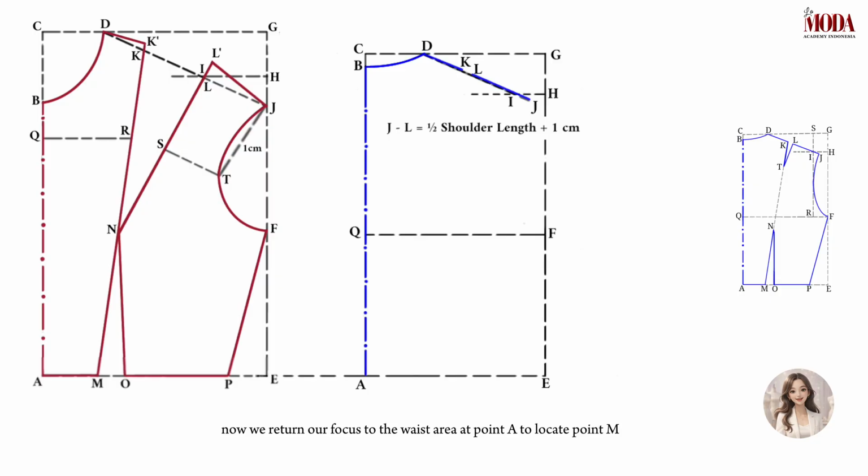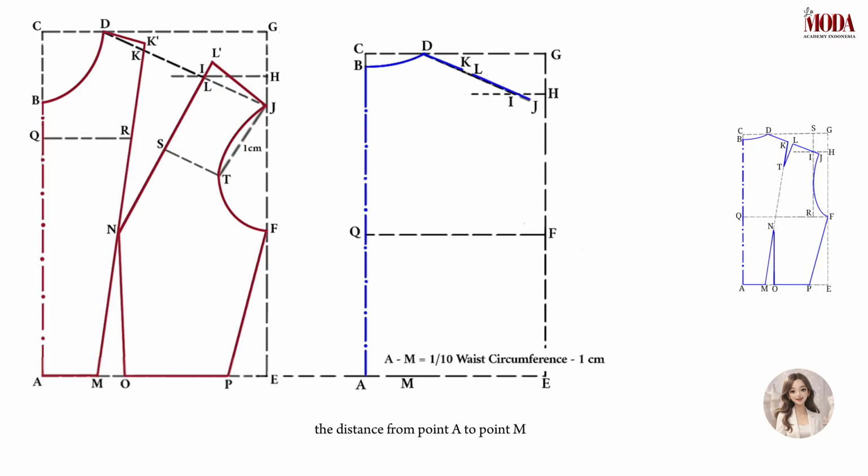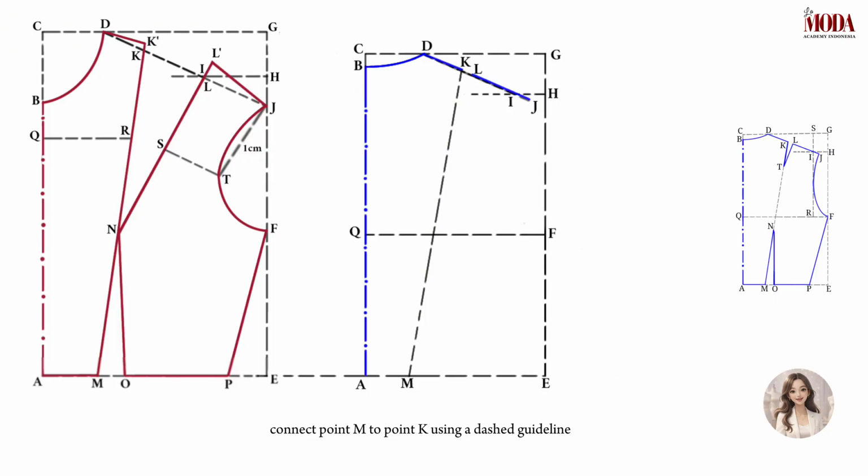Now we return our focus to the waist area at point A. To locate point M, the distance from point A to point M is calculated as 1/10 of the waist circumference minus 1 centimeter. Once point M is located, connect point M to point K using a dashed guideline. Next, we locate the dart apex for the back pattern.